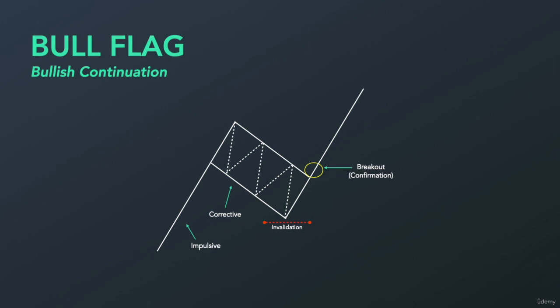For targets, our first target will be this recent resistance, and the second target will be a measured move from point A to point B, impulsive move, plotted at the end of this correction. This is our point C, and then our point D will be our target. Okay.